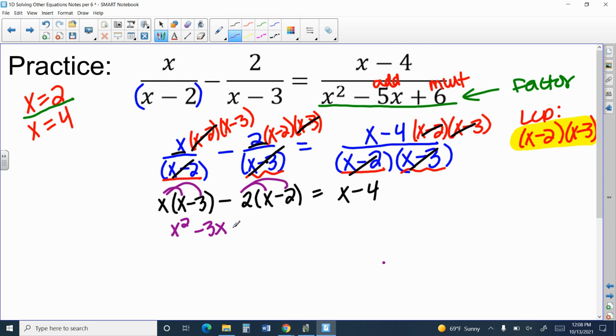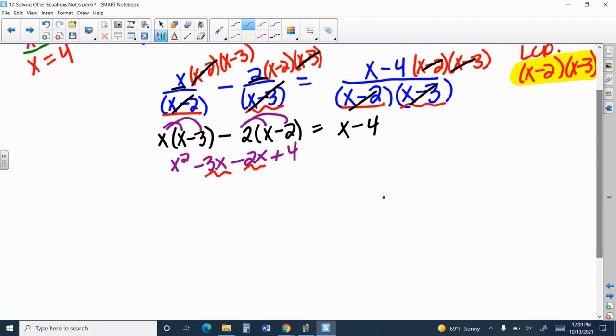This will give us a -2x and a +4 because I have a -2 times a -2. Then I can combine these since they're on the same side of the equal sign. So on the left side, after I distribute and simplify, we should have x squared minus 5x plus 4. On the right side, we have x minus 4.